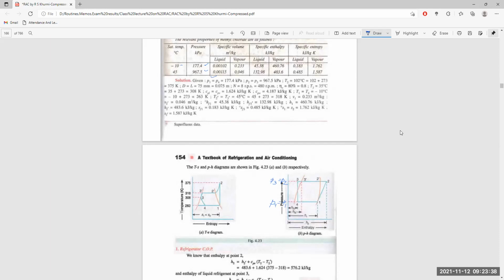T2, the temperature at the end of the compressor, is 102 plus 273, that is 375 degrees Kelvin. That is pressure P2 at T2 at the exit of the compressor, which is at the superheated stage here.